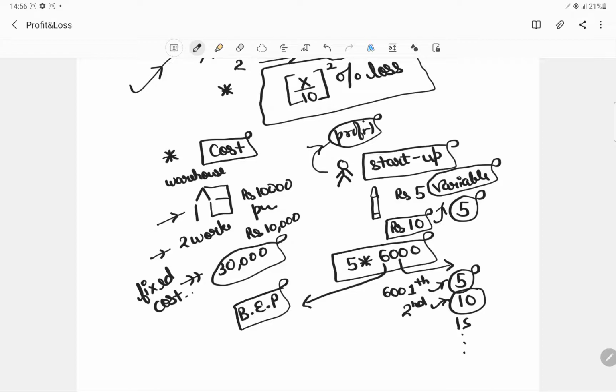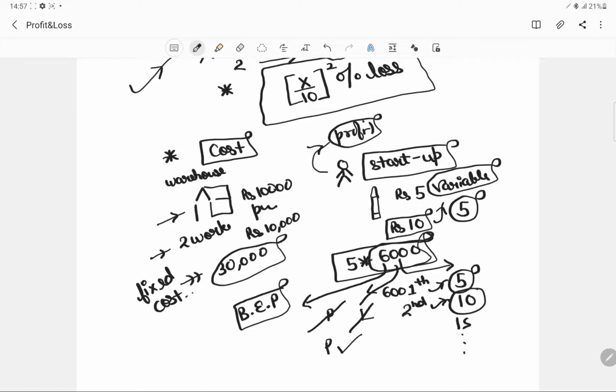If I end up selling the number of pencils equivalent to this, I neither have a profit nor a loss. But if I end up selling more than 6,000 pencils, I will definitely have a profit.